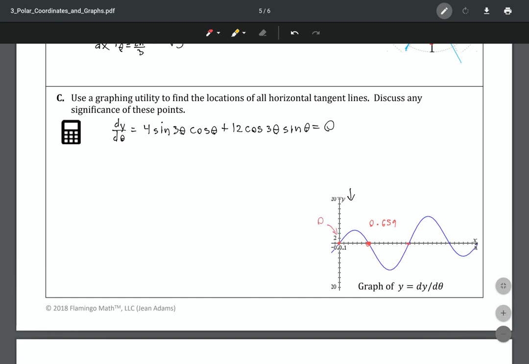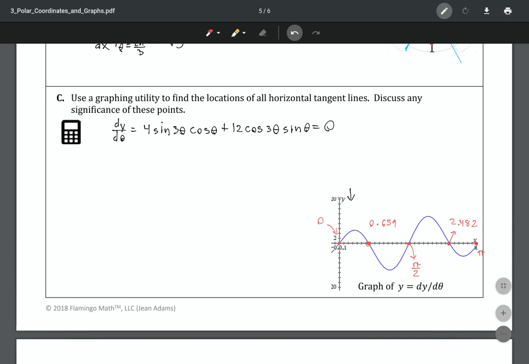This right here is pi over 2. You can kind of tell that would be pi over 2, and pi also is one of them. But these, you probably need your calculator for. So you got 2.182, 2.482, excuse me. All right.